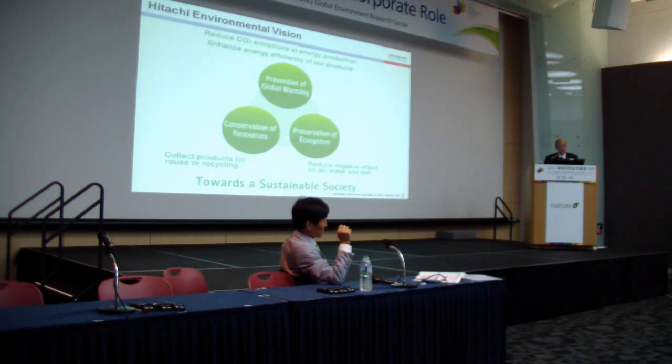That's very important. But you mentioned that you have some difficulties in finding the preservation of ecosystems when reducing negative effects on air, water, and soil. I found that this is about the abiotic environment, that means the non-living environment.